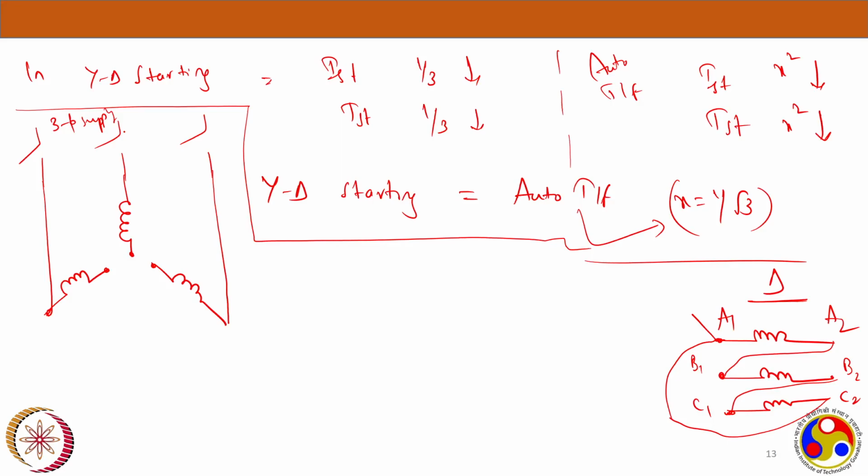Now if I put this on the other side, you have another connection here. This is B1, this is C1, and this is A1.